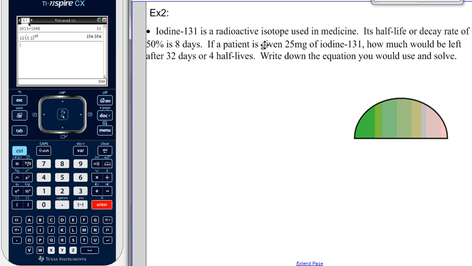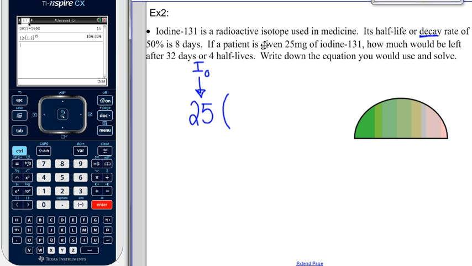First of all, we can tell that it's decay, where our isotope of iodine is decaying over time. It's getting smaller. It's losing mass. So if a patient is given initially 25 milligrams, this is our initial amount of iodine, we'll call it I initial, and it's decaying at a rate of 50%.